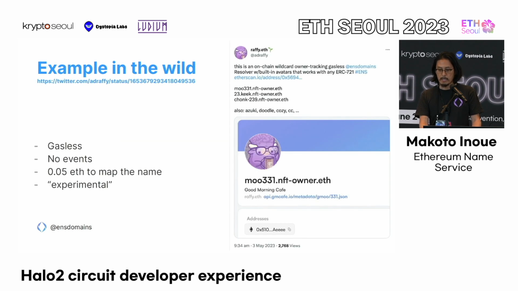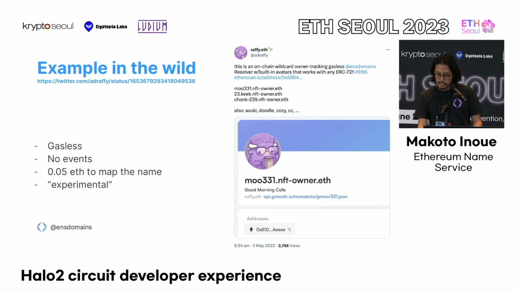This kind of thing we knew was possible to do, but we never had time to implement. But one of the great things about an open protocol is that all the ENS contracts are open source, so you can look into them. One community member, Rafi.eth, a great contributor to the ecosystem, played with the idea and created something called nft-owner.eth, which associates names gaslessly.